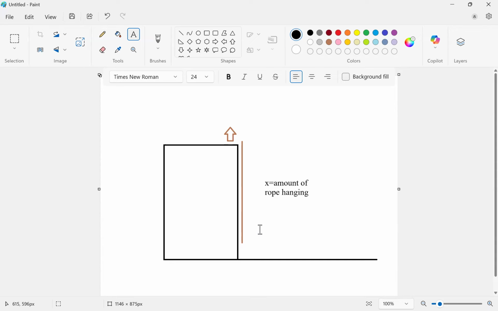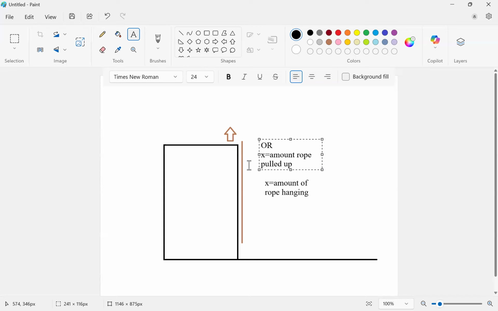If I want to do it the other way, I can let x be the amount of rope I've already pulled up.